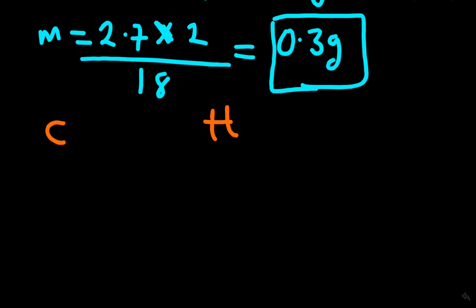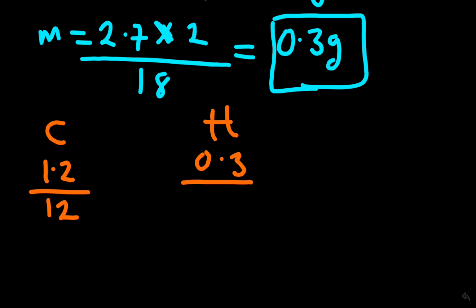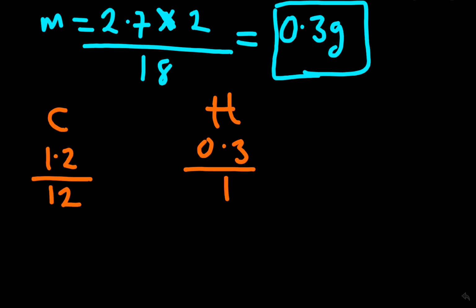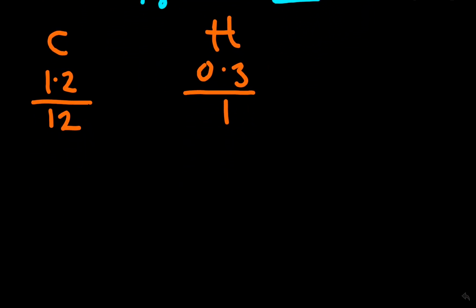For carbon we got 1.2, and for hydrogen we got 0.3. Next, we divide through by the atomic mass. The atomic mass of carbon is 12, that of hydrogen is 1. 1.2 divided by 12 would get 0.1, and 0.3 divided by 1 would get 0.3.